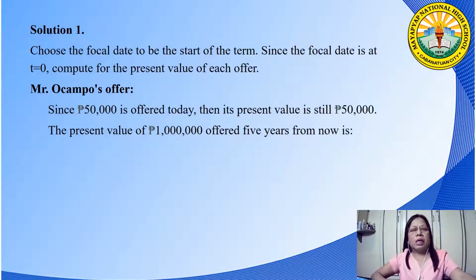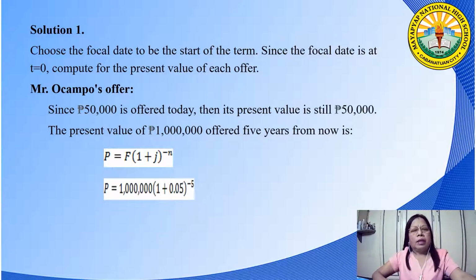The present value of 1 million pesos offered 5 years from now is P equals F multiplied by 1 plus J raised to negative N. So you recall the formula that you learned in finding the present value at compound interest. From P equals F multiplied by 1 plus J raised to negative N, you replace all the given values.